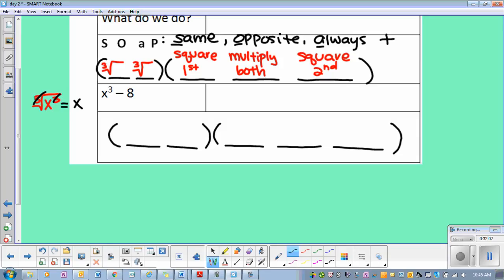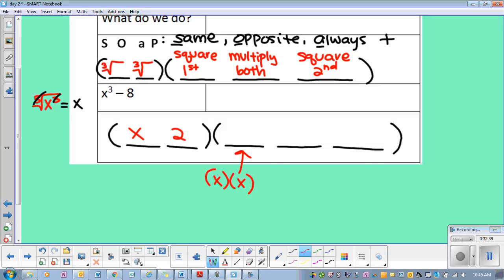So in the first one, what's the cube root of x cubed? X. And you just told me the cube root of 8 is 2. If you fill in that small parentheses, you could fill in the big one. In the first one, you square your first term. What is x times itself?